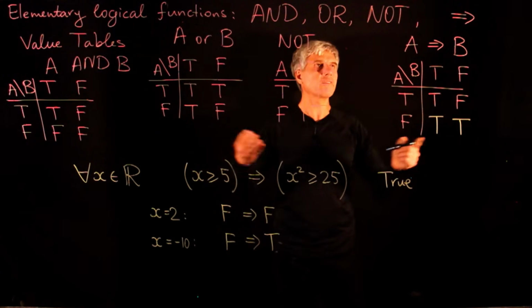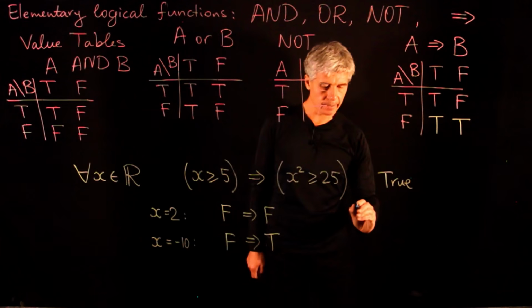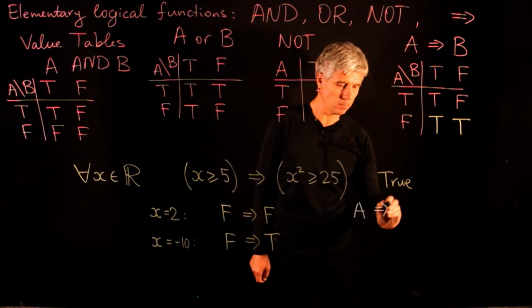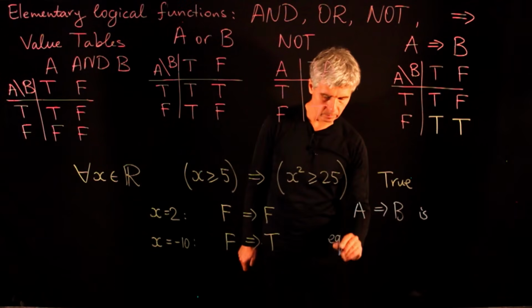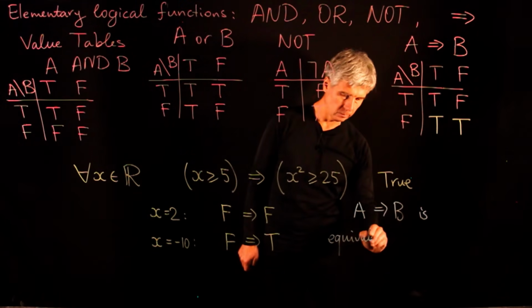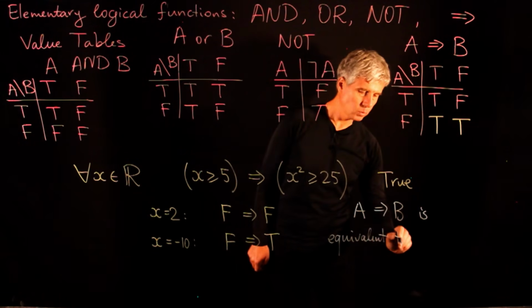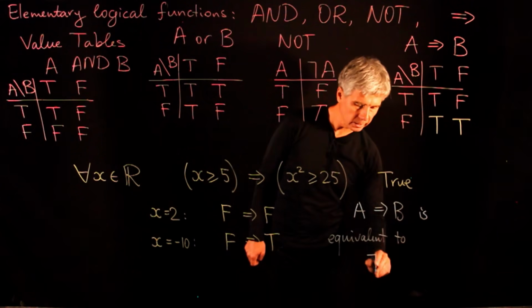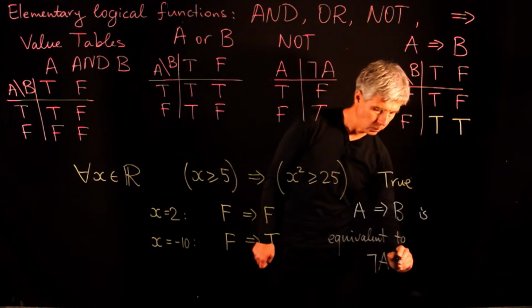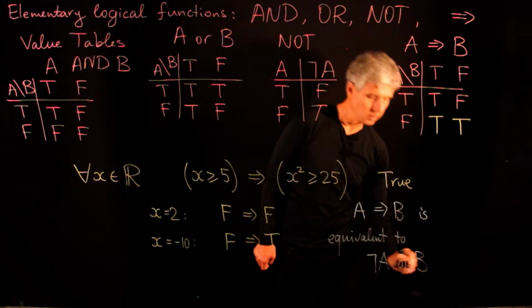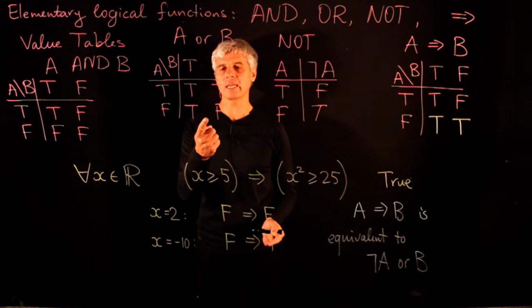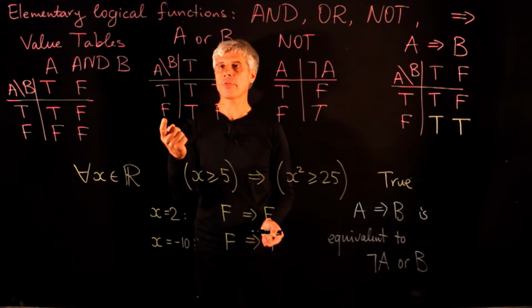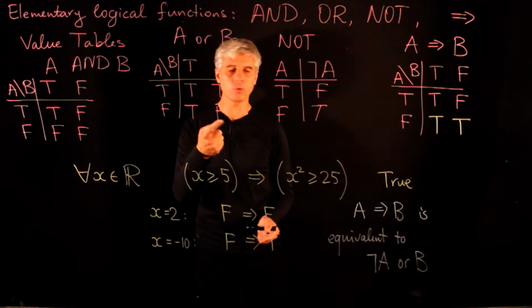Comparing these value tables, we can say that A implies B is equivalent to not A or B. So we know that A or B is false only in one case, when both A and B are false.